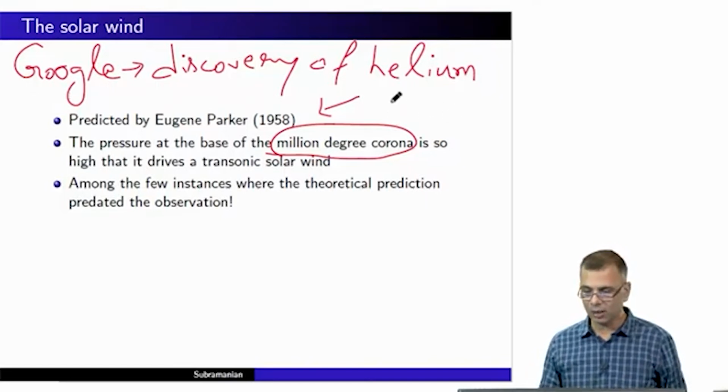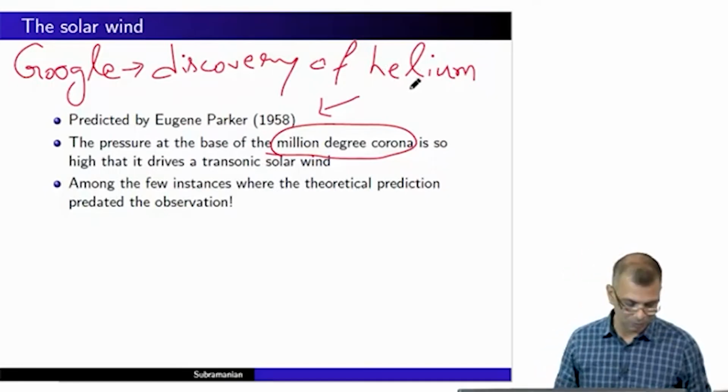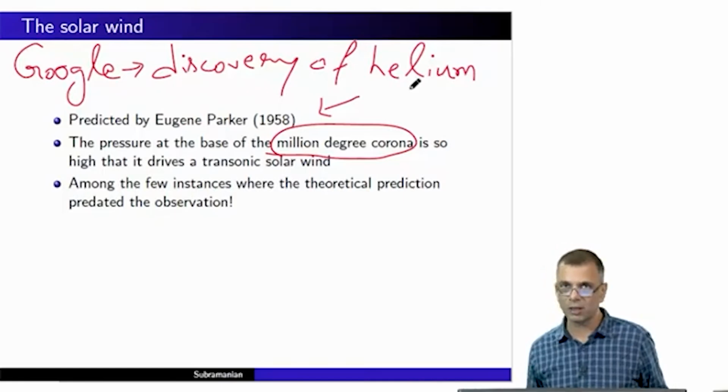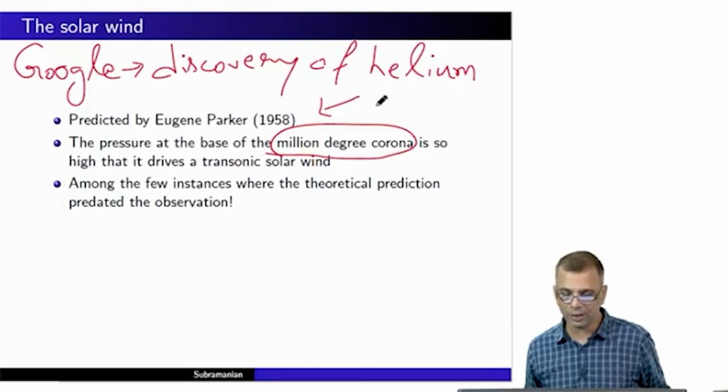It was only with this discovery that it was realized that it was actually an element that was already kind of known. And so the fact that the solar corona was 1,000,000 degrees hot was realized soon after the discovery of helium.